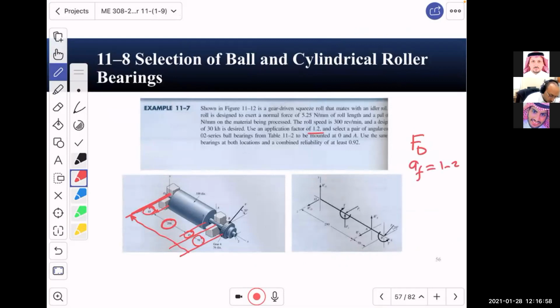We have been told to have L desired as 30,000 hours. We have been told that ND should be 300 RPM. And we have been told to use a desired reliability of 0.96.